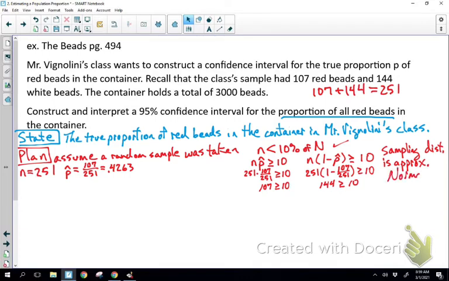All right, let's move to the do step. You can get away with either writing the formula or naming the interval that you're constructing. So here's the formula.